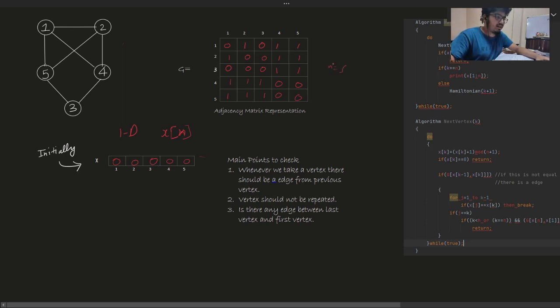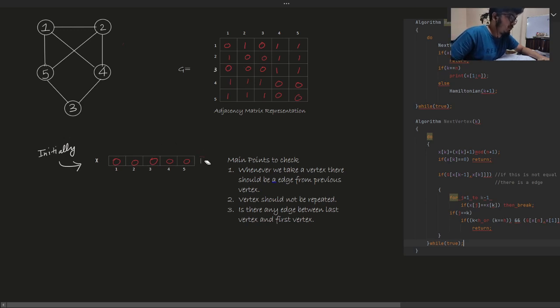So we have created an array of the size of the vertices, and we initialize it to 0.